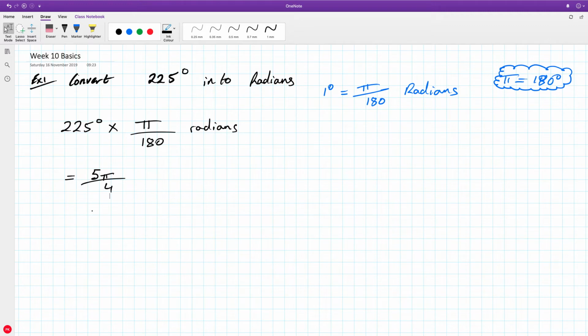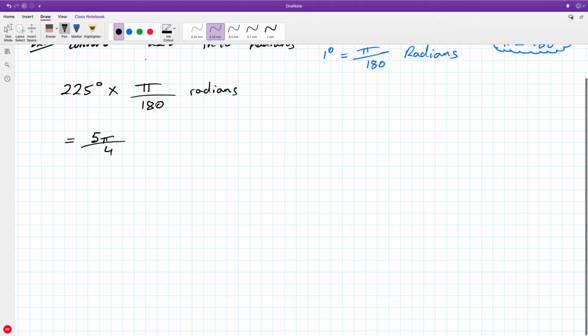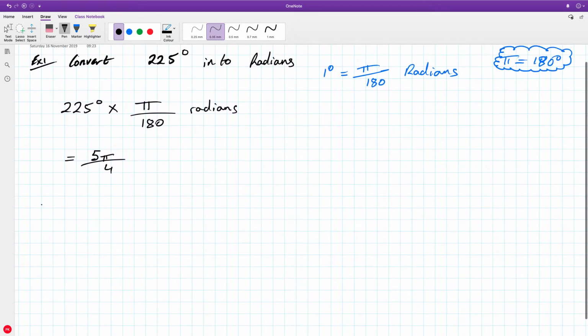Do we all know where pi is on our calculator? Anyone not? Okay, good stuff. Just make sure. Example number 2, I'll do this one on your own. Convert 240 degrees into rads.